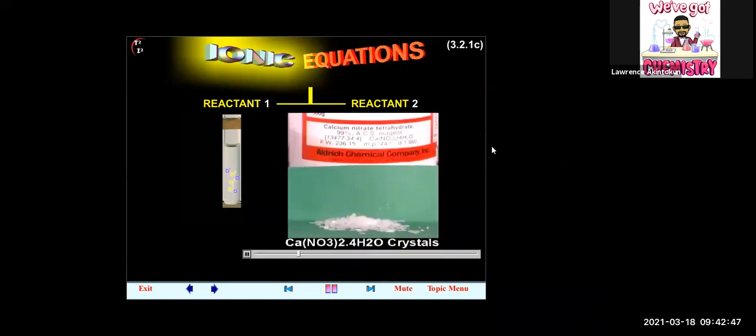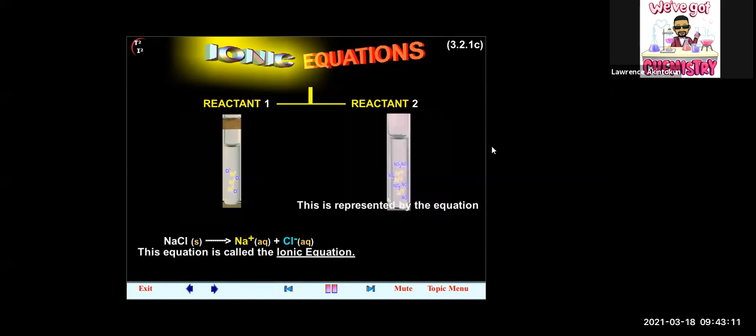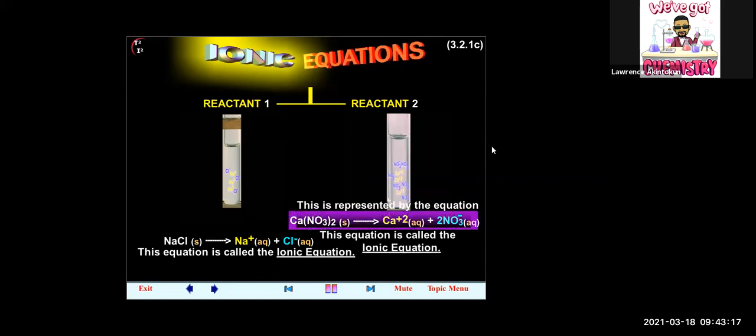Calcium nitrate crystals added to water dissolve, forming calcium and nitrate ions in solution. This is represented by the equation. This equation is called the ionic equation.